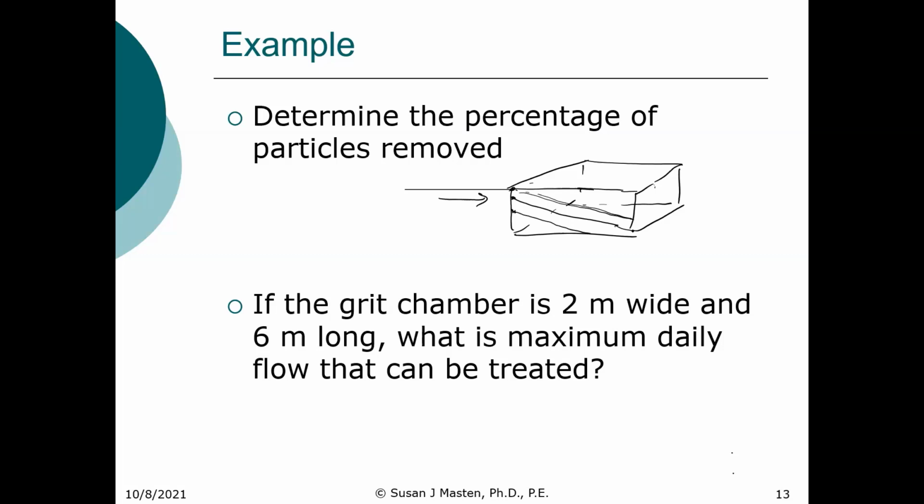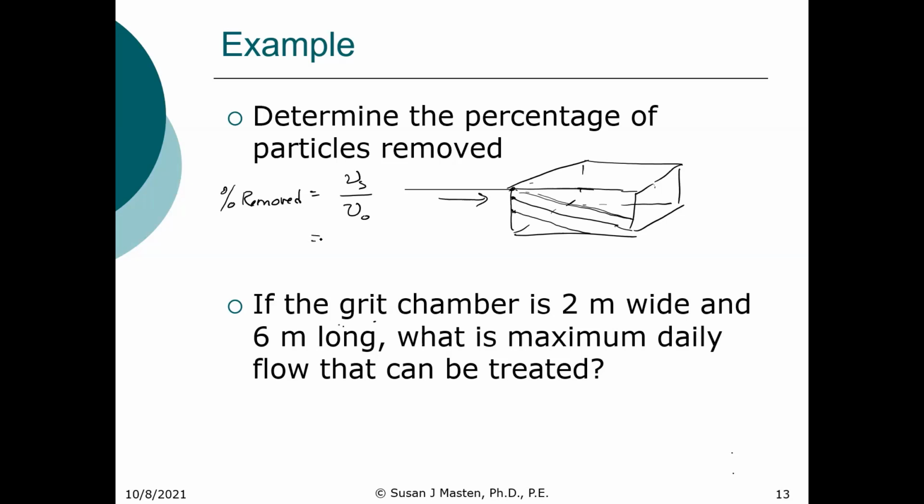So we can calculate the percentage of particles removed in a horizontal sedimentation basin simply as the ratio of the terminal settling velocity of that particle divided by the overflow rate.